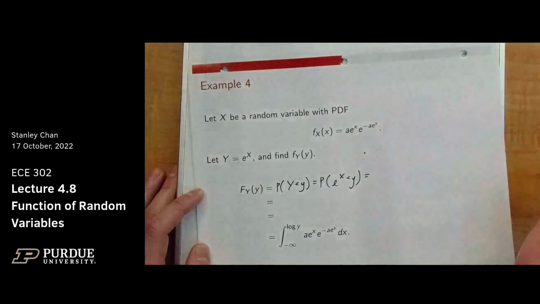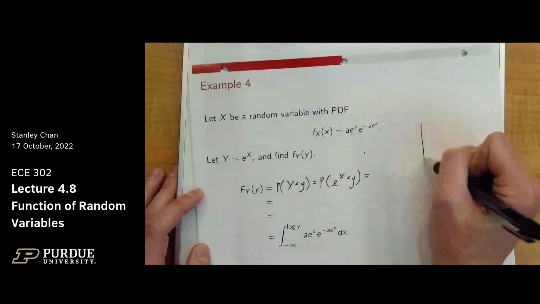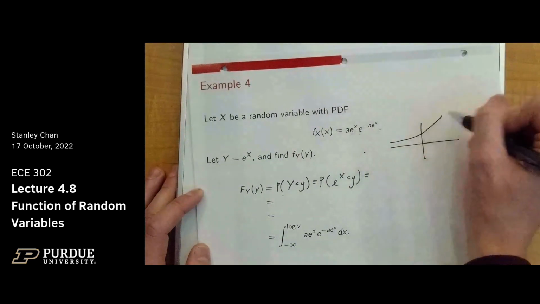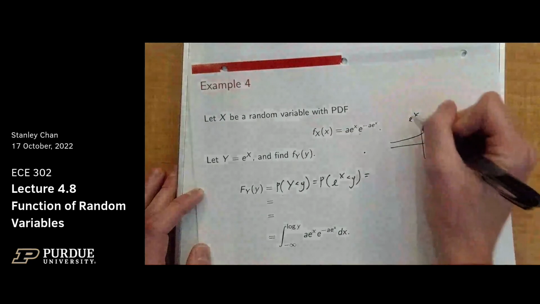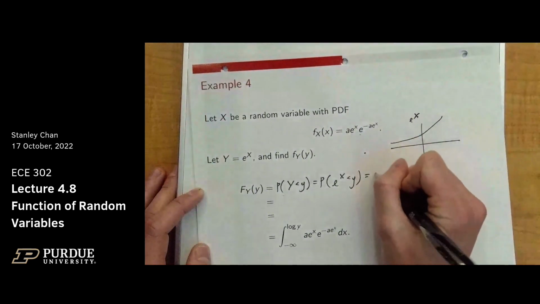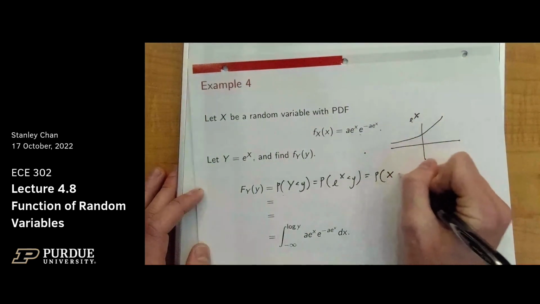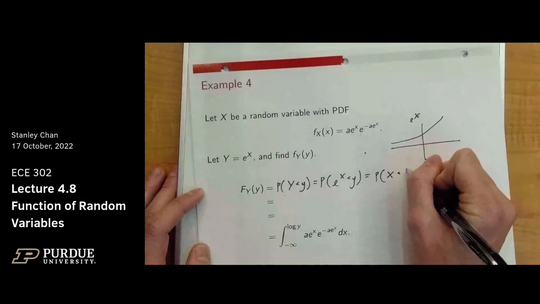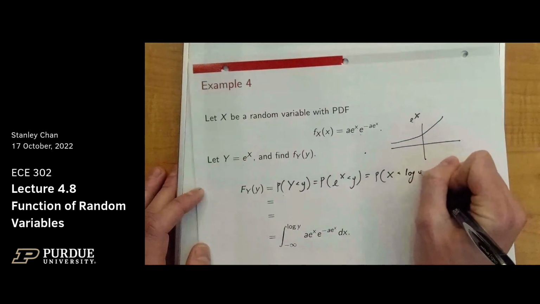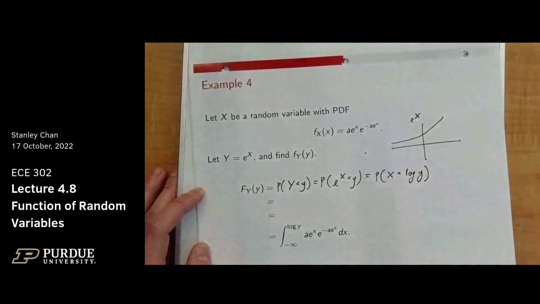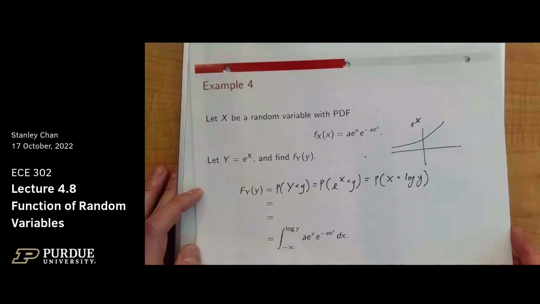And you know that exponential of x looks something like this, right? So this is e to the x. Okay, cool.